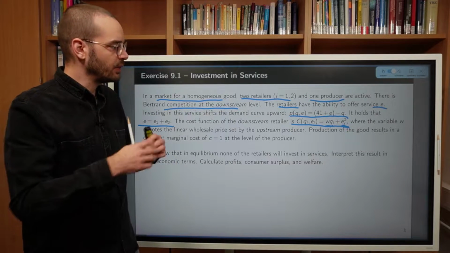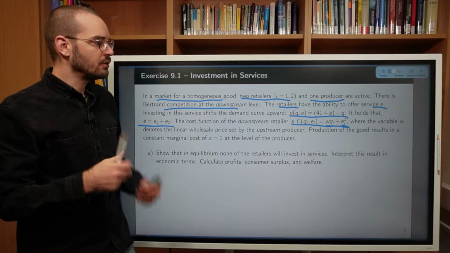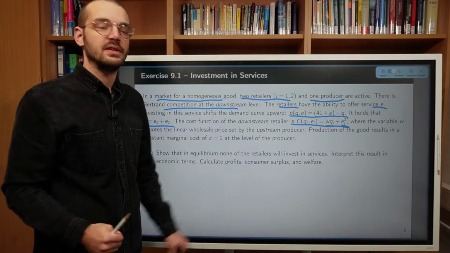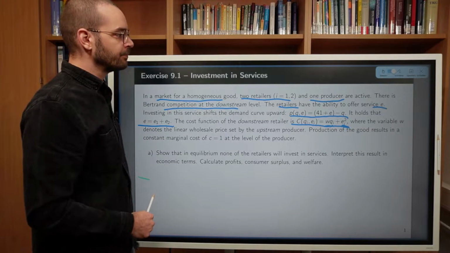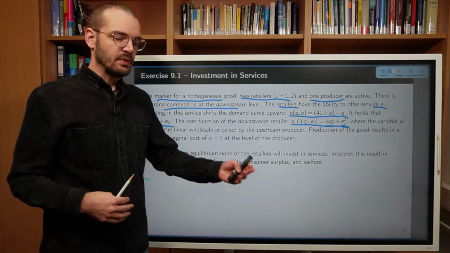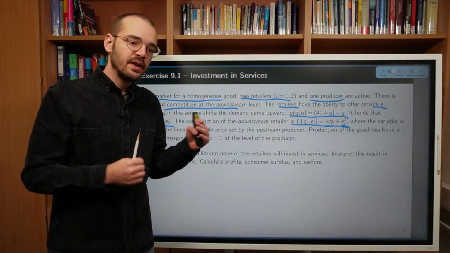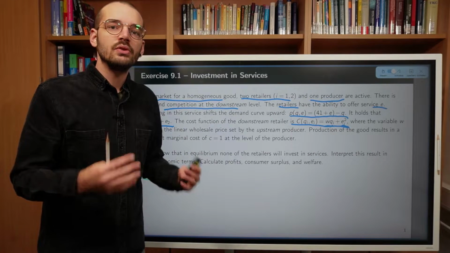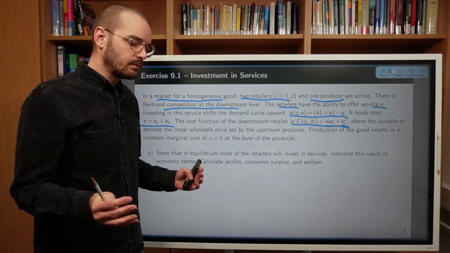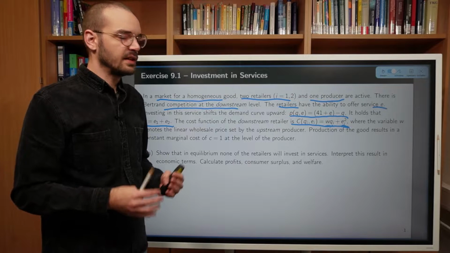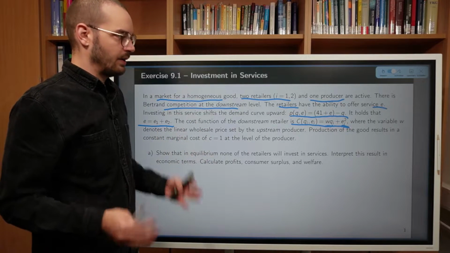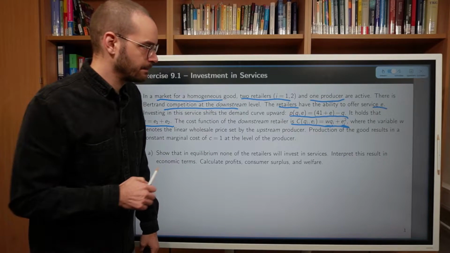So with a power of 2, this amount of services is reflected in the cost function of the downstream retailers. So any amount of services provided does, on the one hand, shift the demand function upwards. On the other hand, it increases the costs of the retailing firm by the square of the amount of services provided.